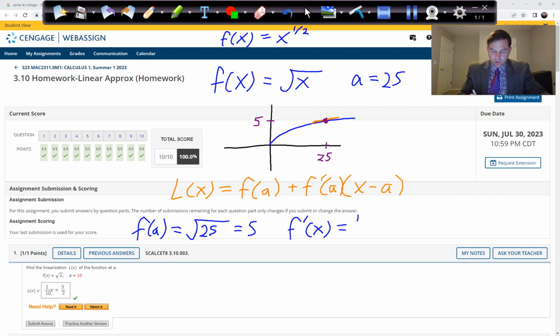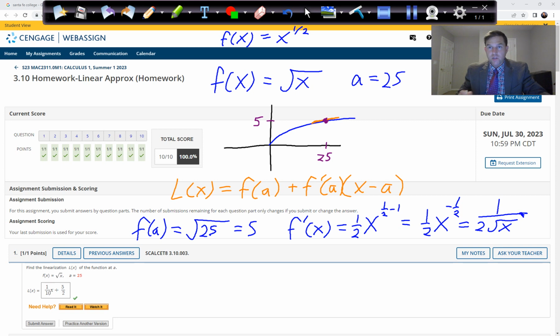The derivative would be: bring the 1/2 down, then x, then subtract 1 from the power, so it's 1/2 minus 1, which would be 1/2 x to the minus 1/2, which is 1 over 2 square root x. So the minus half makes it a radical x, but in the denominator.